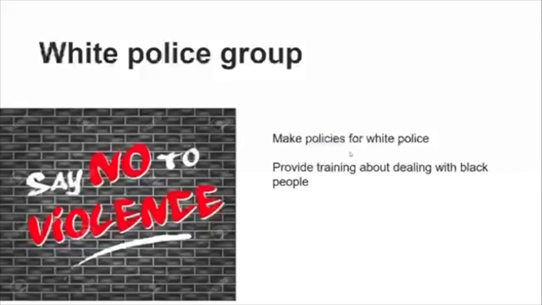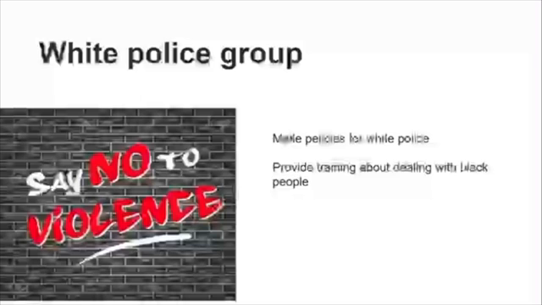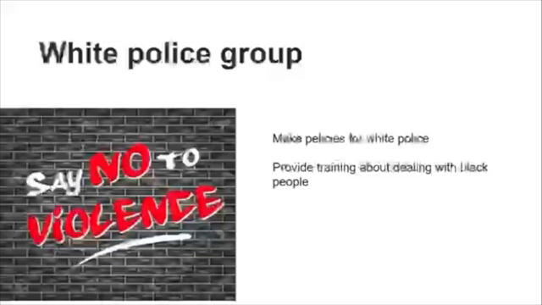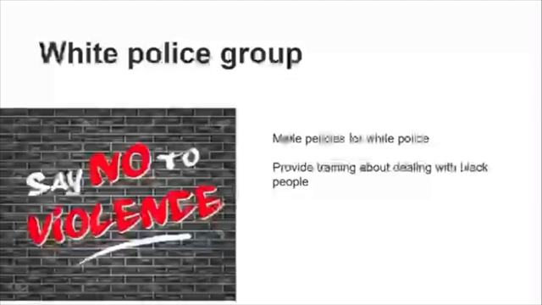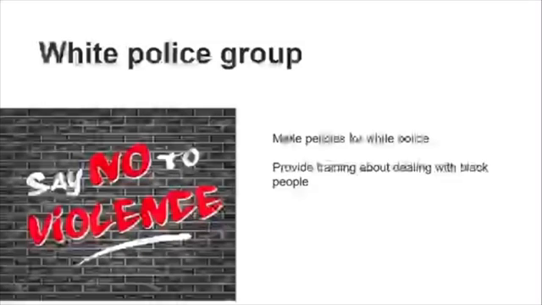In stage 3, I will discuss the possible solutions for both the white police group and the Black activist group. Firstly, for the white police group, the government should make policies to restrict the use of guns by white police. Instead, they can use electric guns in their work. Also, there should be serious penalties for white police who abuse violence.